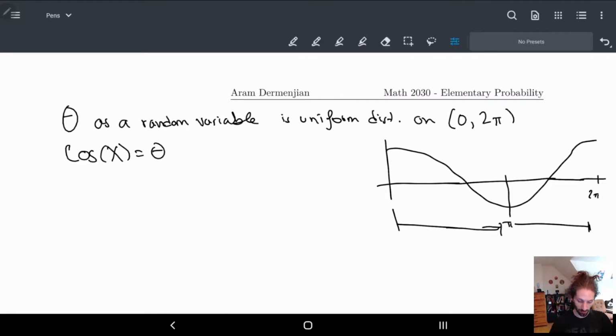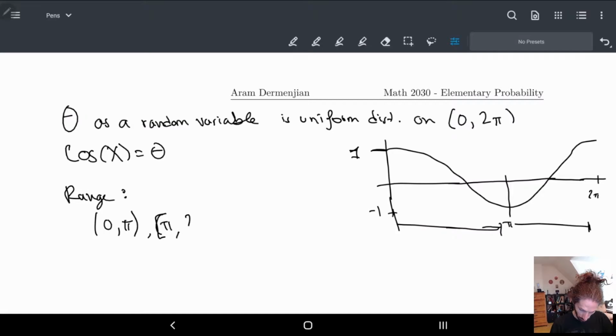First thing we have to do is the range, right? You can already see it from here, this is from 1 to -1. But alternatively, like we had said, you break up your many to one functions into little chunks, and you look at those. So 0 to pi, and then pi to 2 pi.